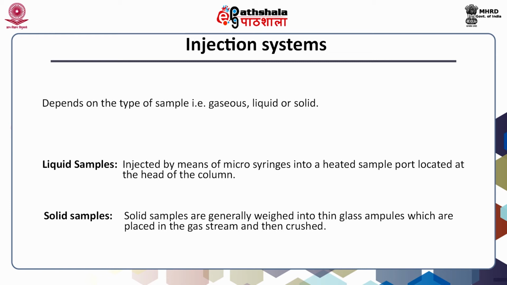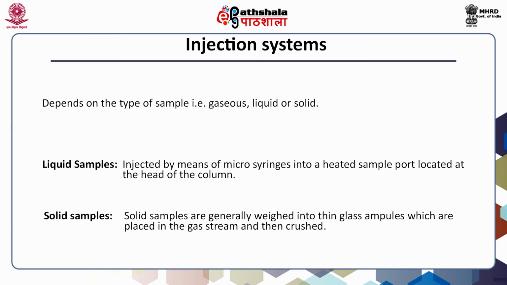Now, as I said, for gas liquid chromatography the sample should be in a vapor state. Some of the materials are highly volatile, so they do not need any treatment, but some materials are not that volatile, and one has to make them more volatile. So, derivatization is generally preferred.